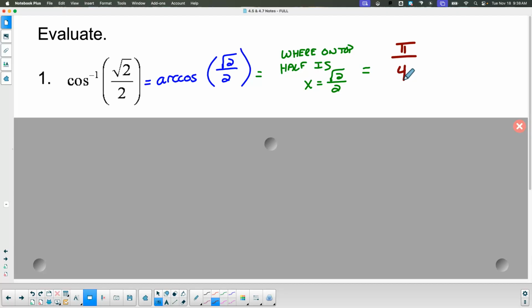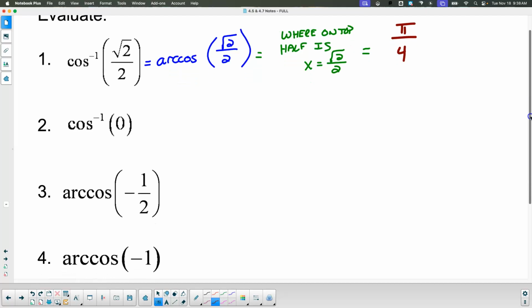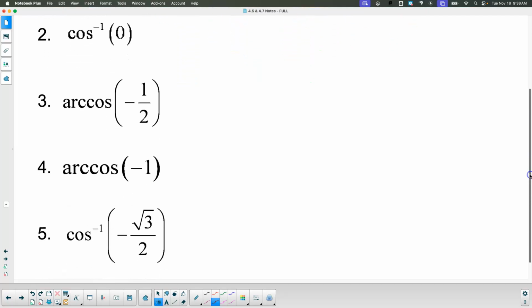Okay. You try these 4. Top half, cosine equal to 0, x equal to 0. I get that at pi over 2. Yes? Top half, cosine equal to -1/2, 2 pi over 3.